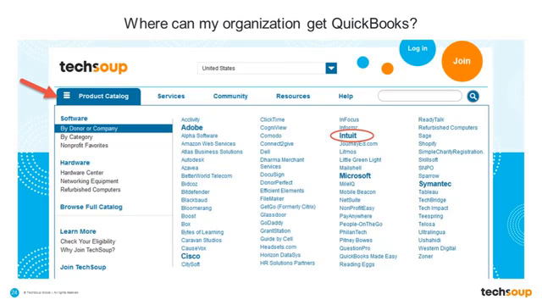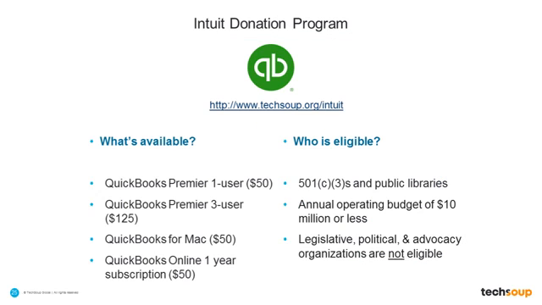You can do that by going to TechSoup.org. Select the product catalog list by donor, product or company, and go to Intuit. They're the ones that make the QuickBooks products. You can also see QuickBooks Made Easy here on this little screenshot. You can access the 1-user license for $50 and the 3-user license pack for $125, and you can request these every year.